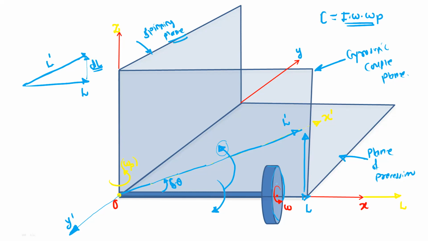So this plane is parallel to the disk. Then the plane of precession means the complete assembly is rotating in this plane, or it is having the precession motion. So this is a plane of precession. And gyroscopic couple acts in this plane. So this is called as a plane of gyroscopic couple. So we can understand the effect of gyroscopic couple with another example.